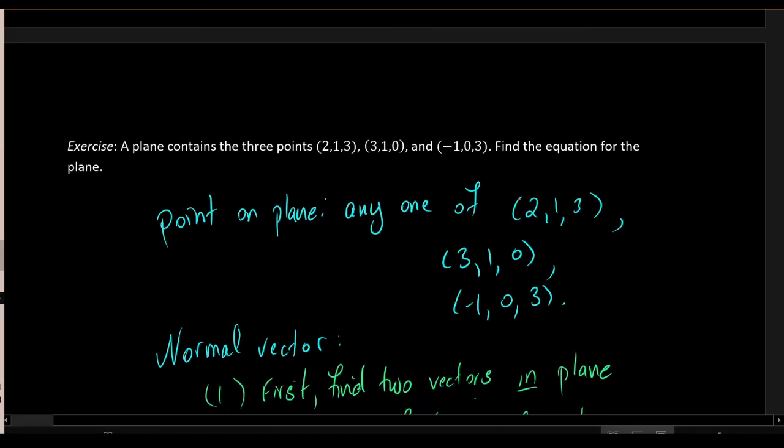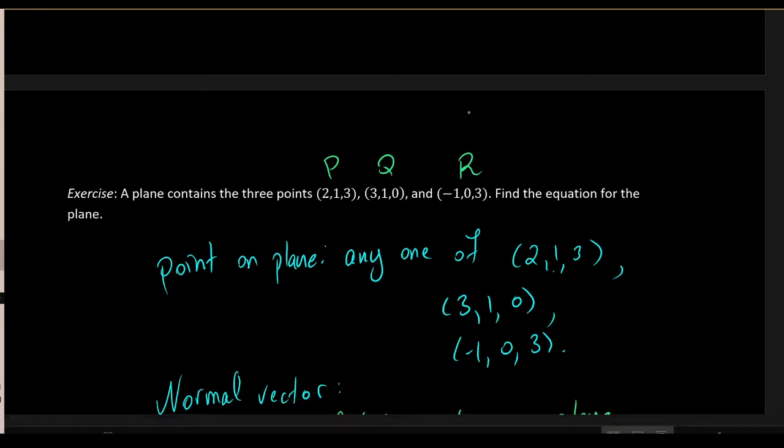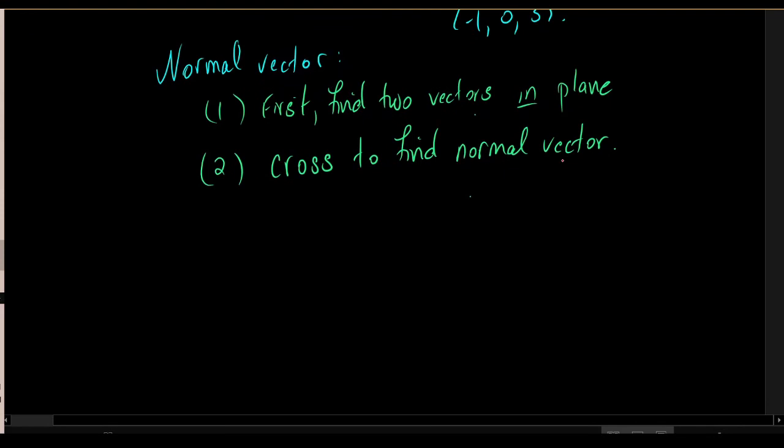What we're going to use is the fact that because a plane is flat and straight, if we have points, which I will call P, Q, and R for short, if we have 2 points in the plane, then the vector that passes from one point to another is also in the plane.